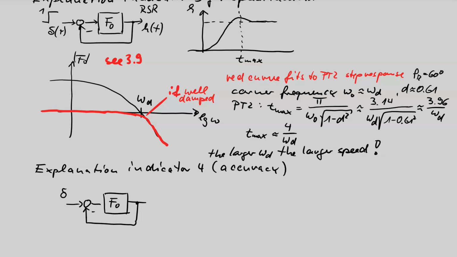Here, of course, you have the reference step response, but we are not interested in that. We are interested now in x_d, the control difference. We want to have the response on this signal of the control difference.